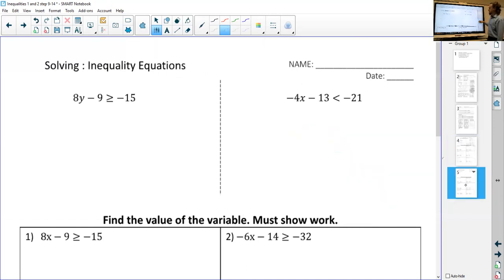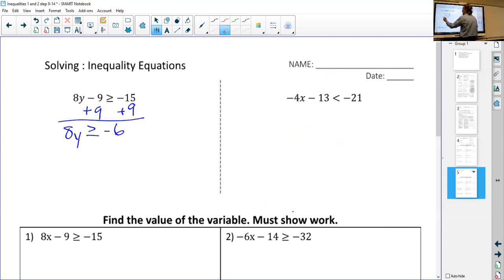On the second half of the questions, if you're doing this online, it's the same thing, just with 2 steps. So you can do this the same way we did equations. If we have 8y minus 9 is greater than or equal to negative 15, we'd start by getting rid of the minus 9. So that's going to be 8y greater than or equal to negative 15 plus 9, which is negative 6.